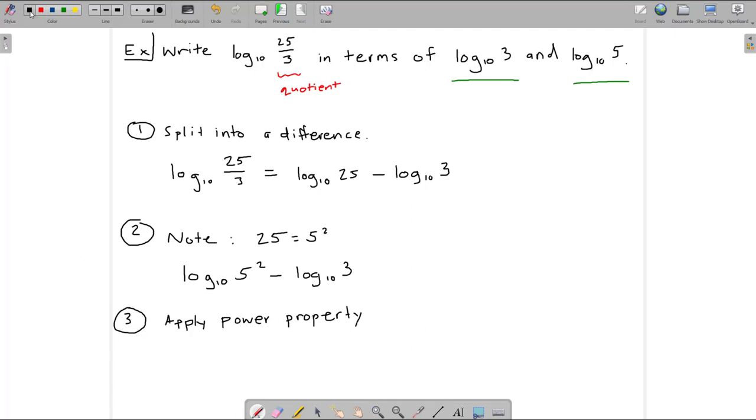That works by bringing this 2 out in front, so it'll just end up being 2 log base 10 of 5 minus log base 10 of 3. Now we have it in terms of log base 10 of 3 and log base 10 of 5. If it doesn't ask you to evaluate, then we're done here.